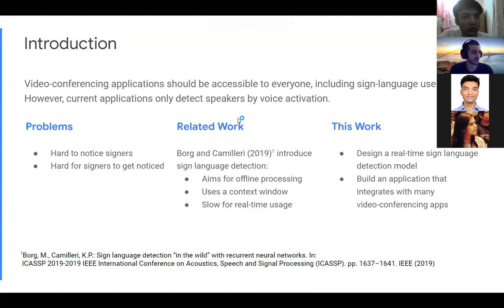Let's talk about what the problems are that signers currently have. In video conferencing applications like the Zoom webinar we're using now, the application detects who is speaking by their voice.